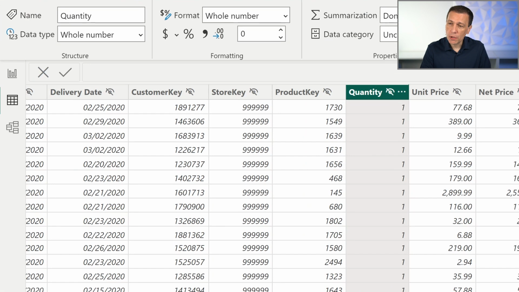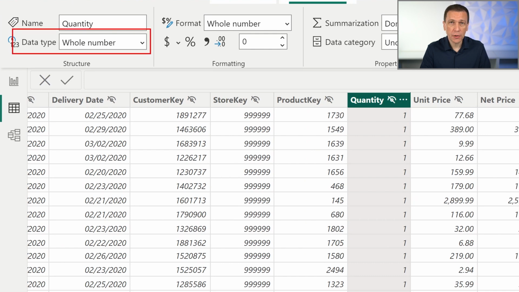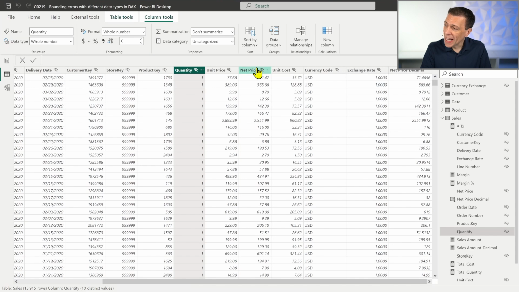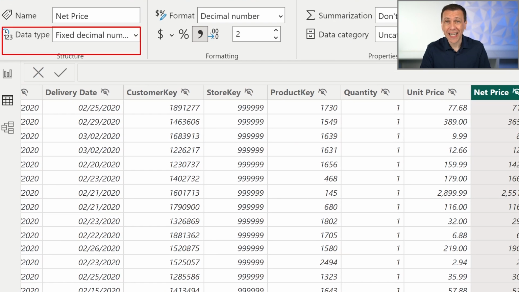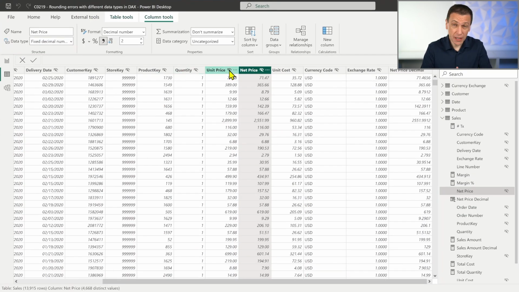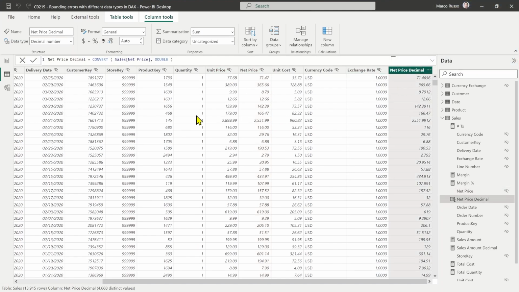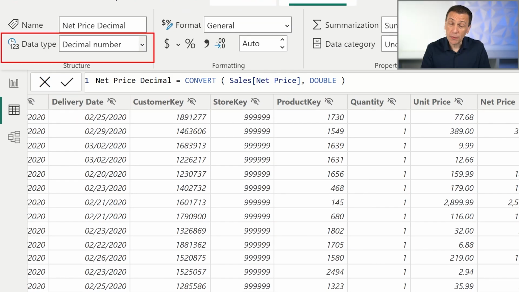We have the quantity, which is an integer number, even though it is called whole number in Power BI. We have the net price, which is a fixed decimal number, which is a currency data type in DAX, but it is called fixed decimal number in Power BI. And finally, we have a copy of the net price called net price decimal, and we store the same amount in a decimal number, which is a floating point.